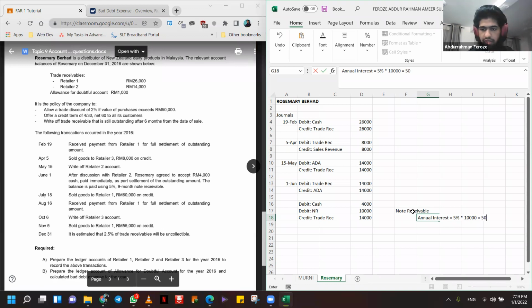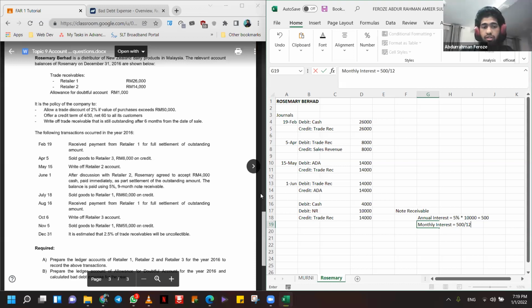And then the monthly interest equals, you simply divide 500 by 12. So 500 divided by 12, let's leave it as a fraction. Let's leave the monthly interest as that amount.